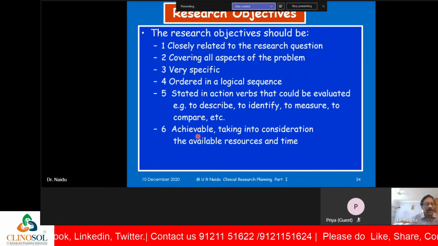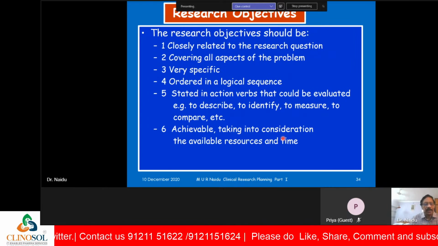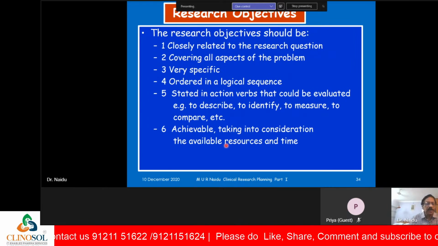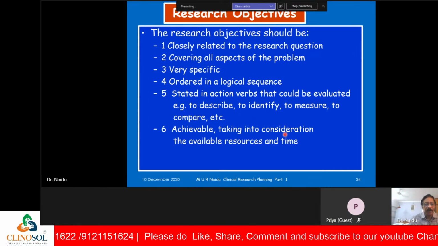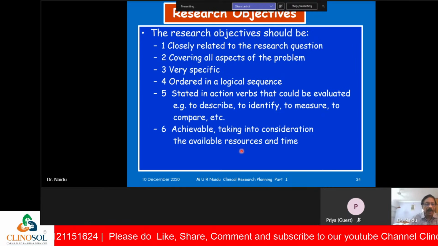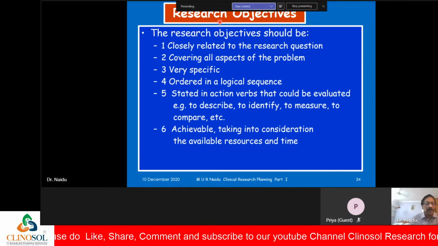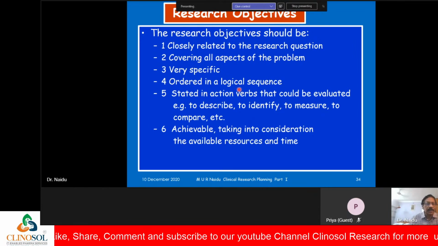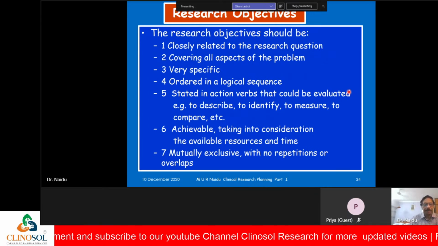And objectives should be achievable, taking into consideration available resources and time. You have to know what your resources are and what time is available. You want to do it for 1 year, 2 years, 3 years, how much time you want to take and what you want to achieve. These are important things you should consider in writing your research objective.